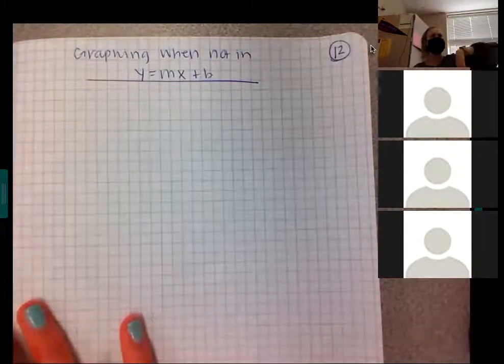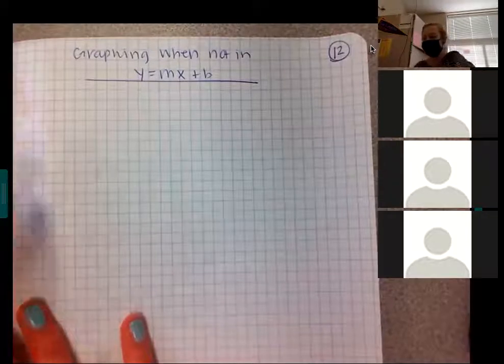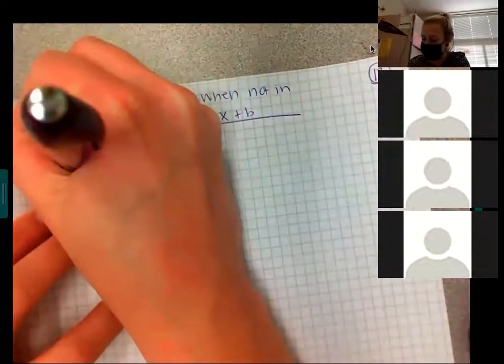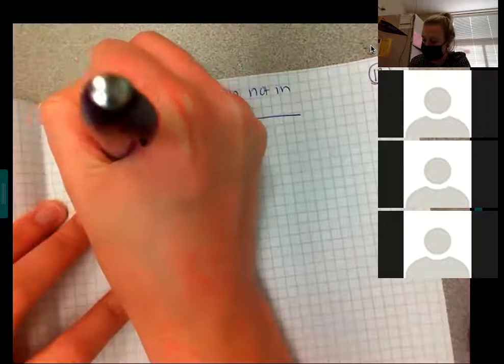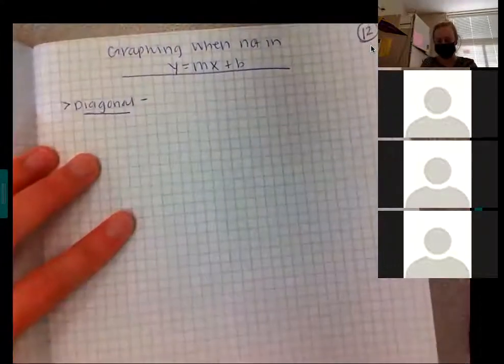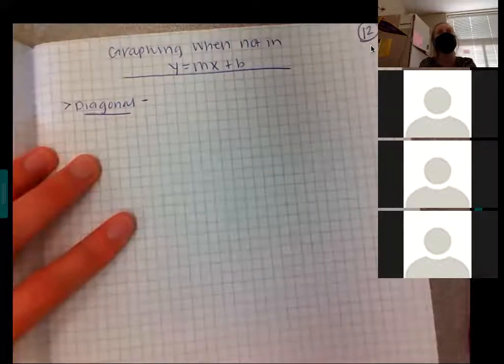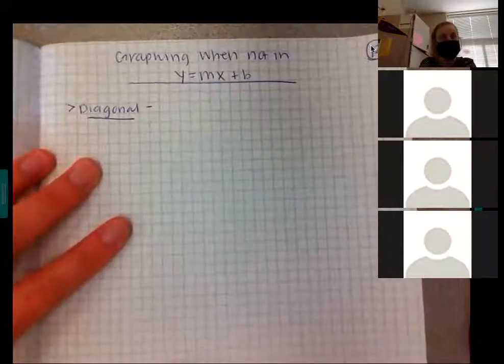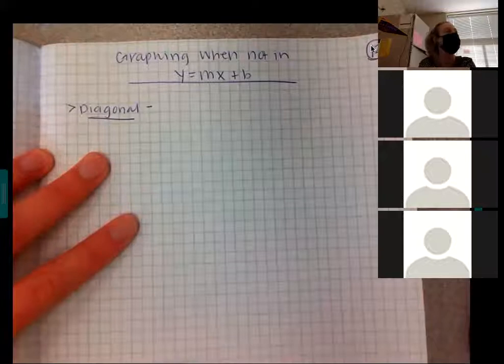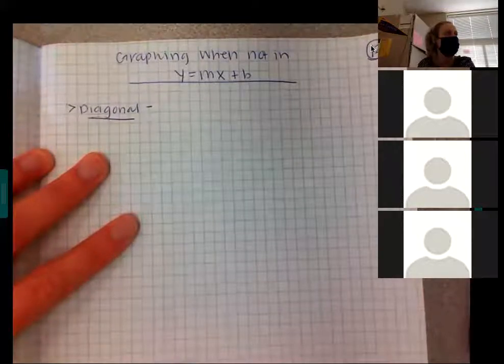And anyways, diagonal. If a line is diagonal, we're gonna write this. I'm gonna spell it for y'all too. Diagonal. We're gonna learn something new today. If a line is diagonal, does everybody agree it's just slanted? Yeah.